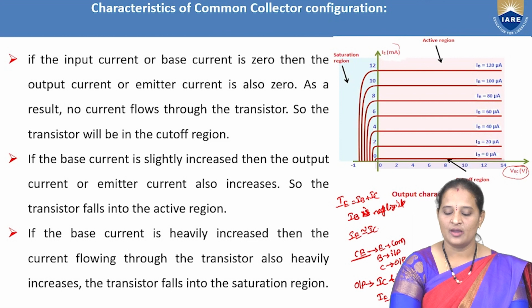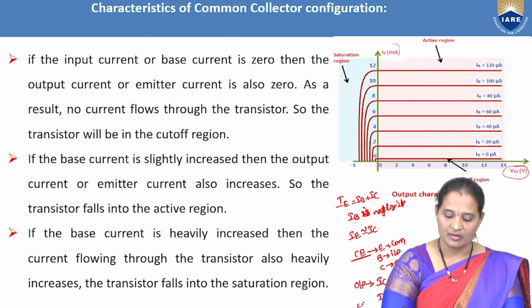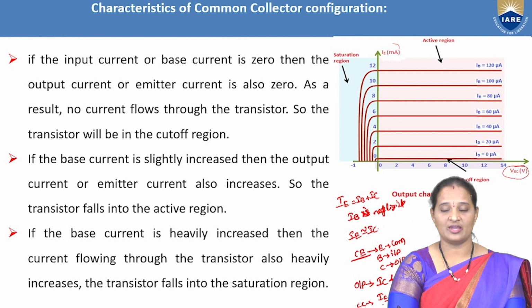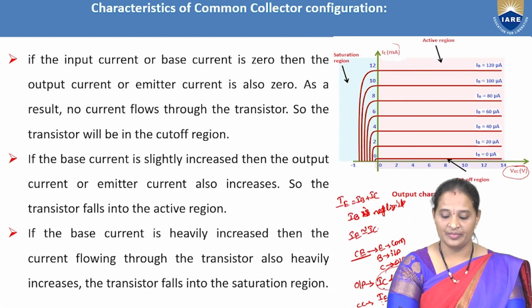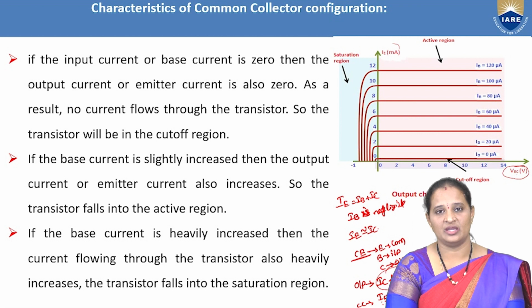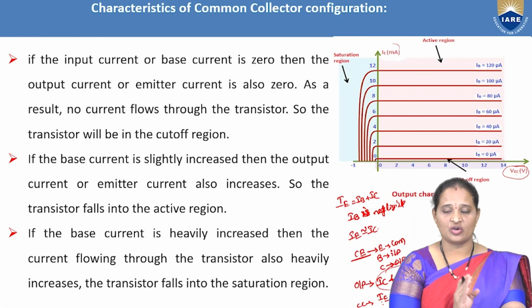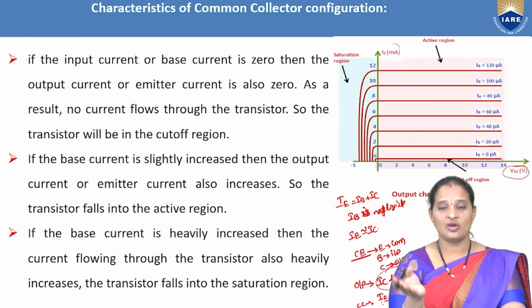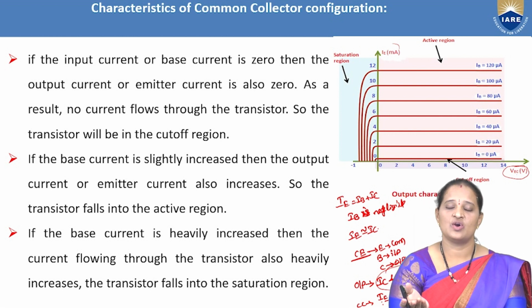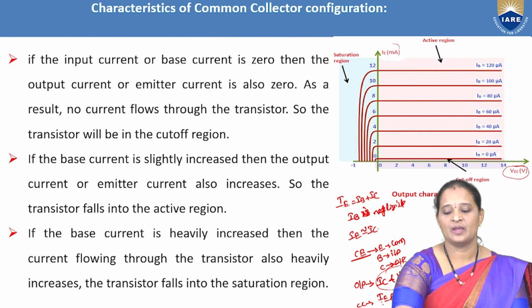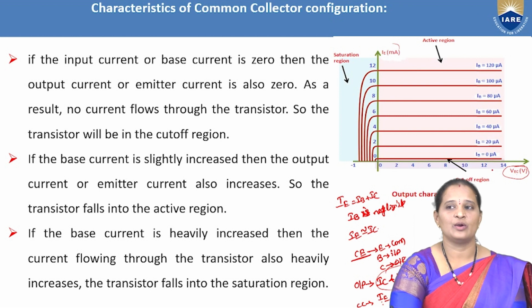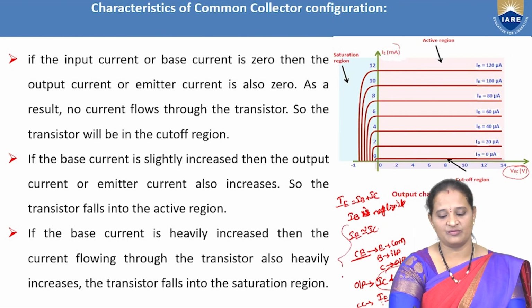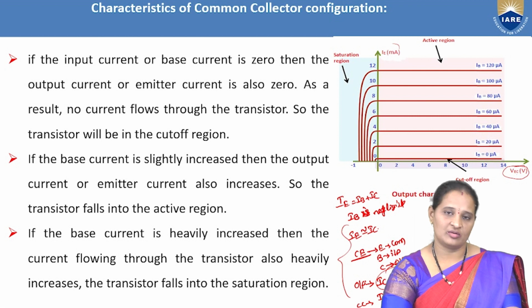So the output characteristics are drawn for the common collector configuration between IE and VCE, whereas for common emitter configuration they are drawn between IC and VCE, where IE and IC are approximately equal. Hence we can say that the output characteristics of common collector configuration are similar to those of common emitter configuration. This is the reason why these are identical.